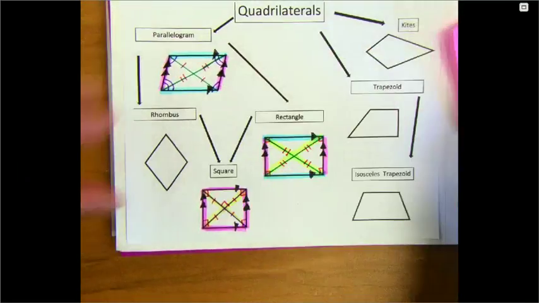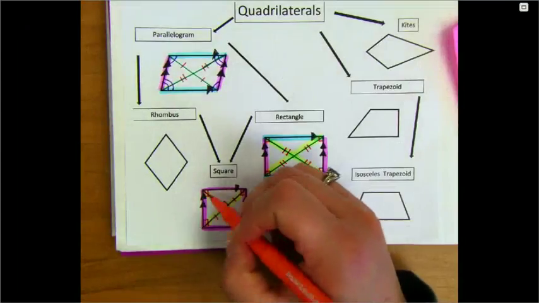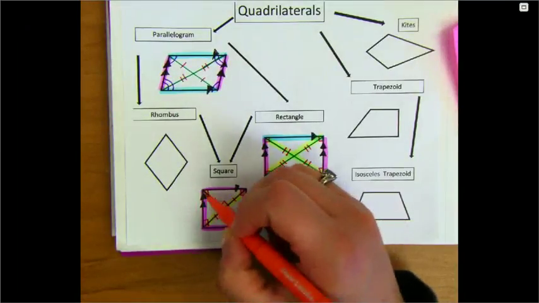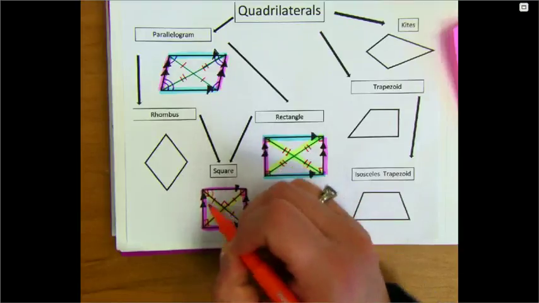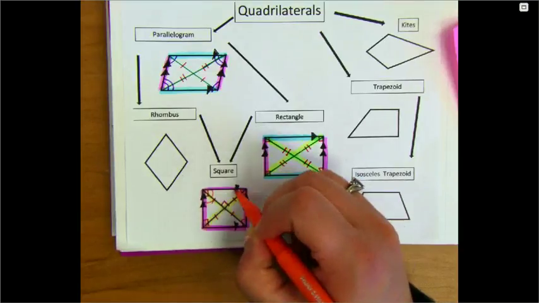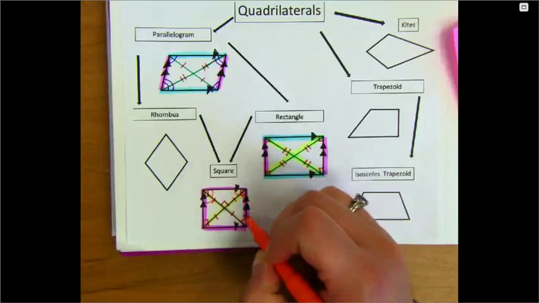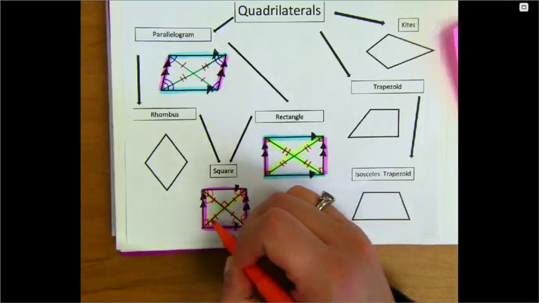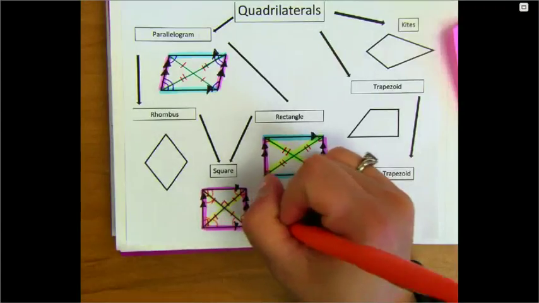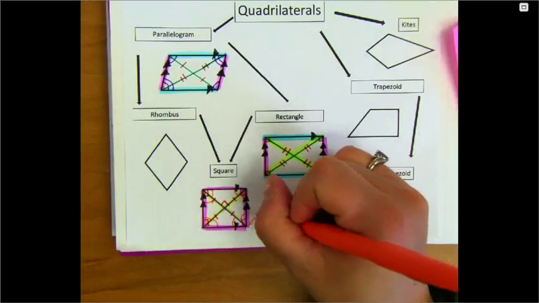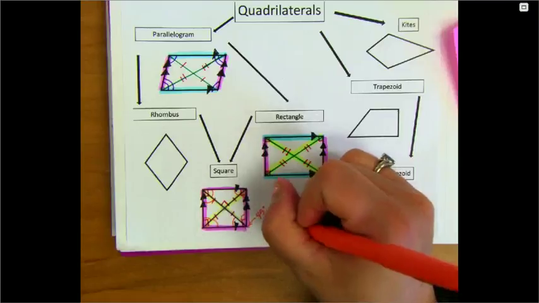All right, it's a square. So since this is a square and these are bisecting, yes? I get to cut these. These are 90 degrees. This cuts it in half. So this is congruent to this, and to this, and to this. Means when we cut it, all angles are 45 degrees when diagonals bisect.